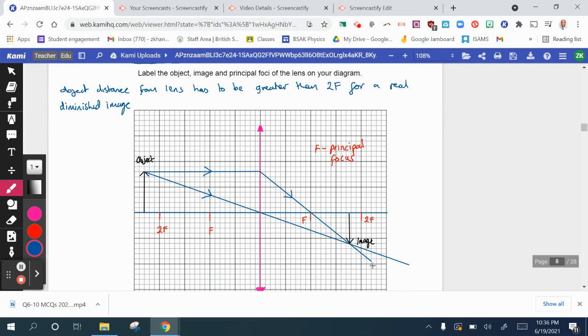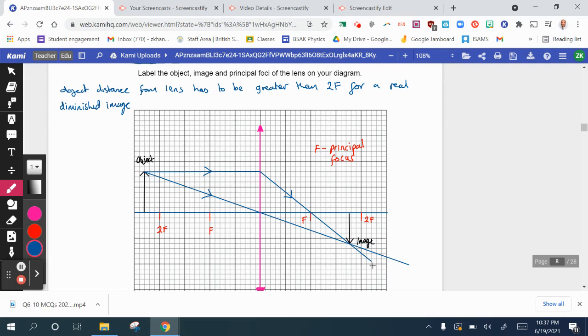Any ray coming in parallel will always converge through the focal point and keep on going. And through the center, we are making the assumption there's very little refraction taking place, so the ray will go straight through. Where these two rays converge, that's where the image is produced.